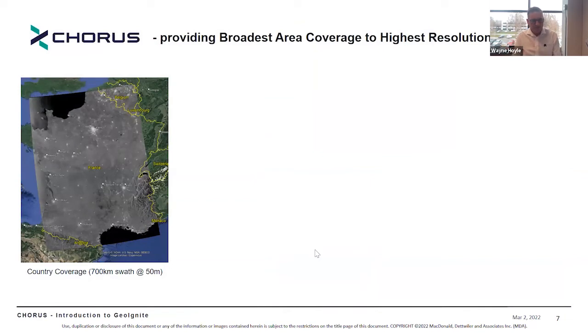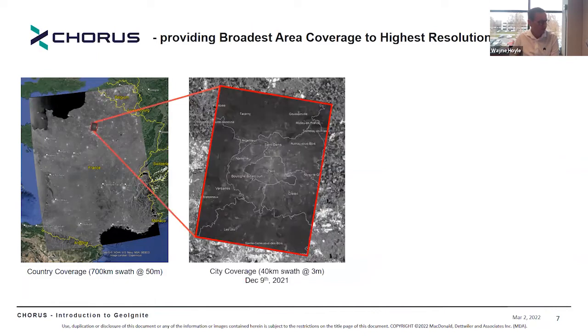At the other end of the spectrum, that was zoomed in quite a bit to Vancouver, because of the 700-kilometer swath, which is what I'm showing here, we have the ability to do what we're calling countrywide coverage. We're covering almost the entire country of France within a single pass, unprecedented for SAR data.